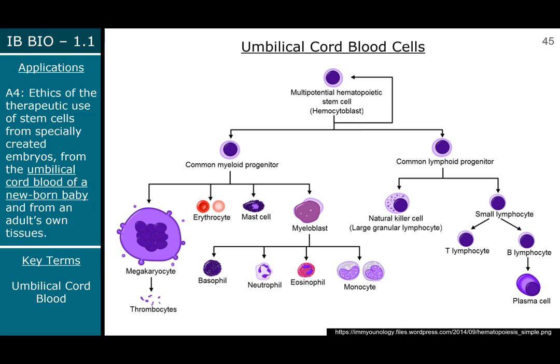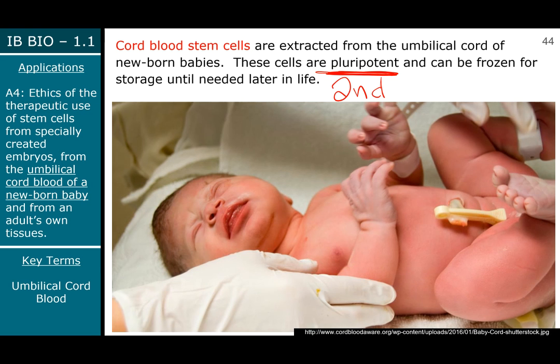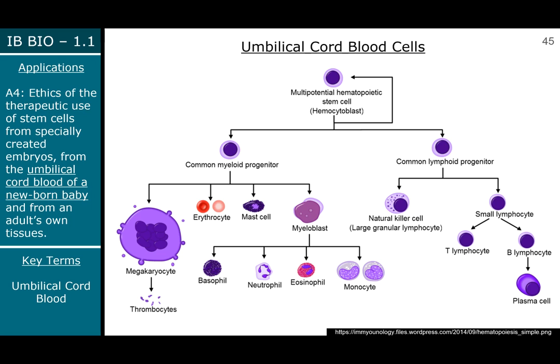So the stem cells in your umbilical cord, they're multipotent. Actually, we just said that they're pluripotent, right? So they're pluripotent, but it's a blood cell, so it's a hemocytoblast. You can just call it an umbilical cord blood cell. That's fine with me. And they can become all sorts of different types of cells, right?